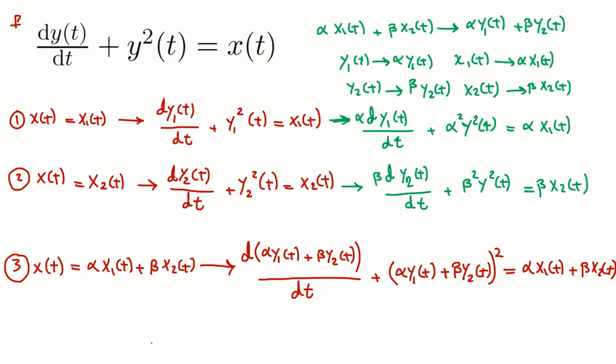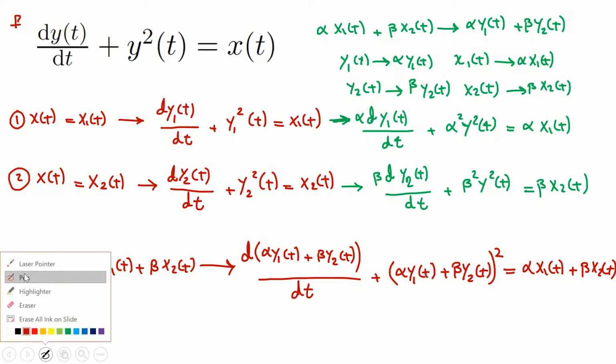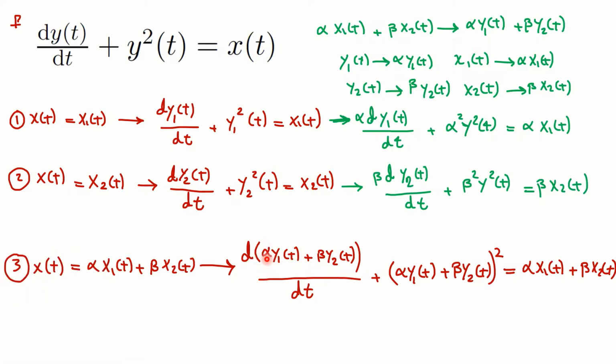Now I need to expand this. By expanding this, we would have alpha dy1, okay, this is easy, plus beta dy2(t) divided by dt. And if I expand this square, then you would have this guy squared plus this guy squared plus 2 times this one times this one. So let's write that.